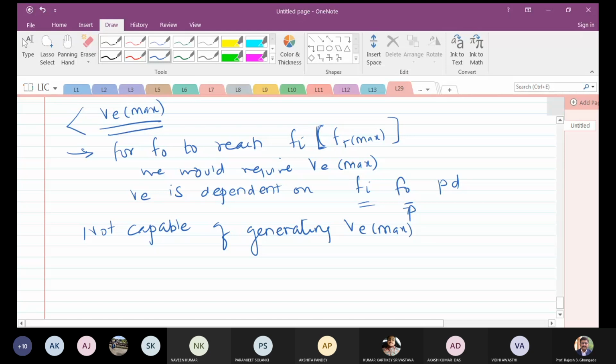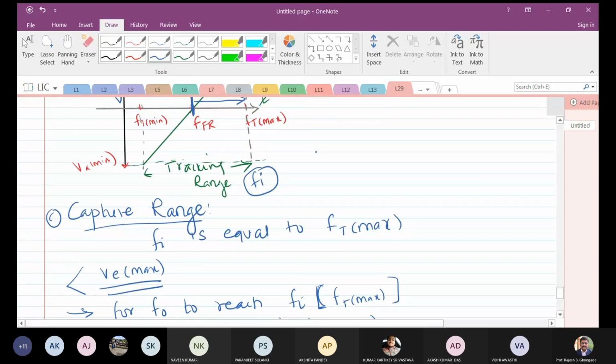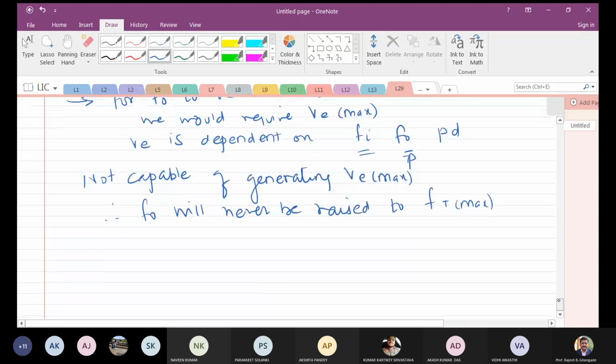And so, therefore, FO will never be raised to that limit Ft max. So we will never achieve the lock.